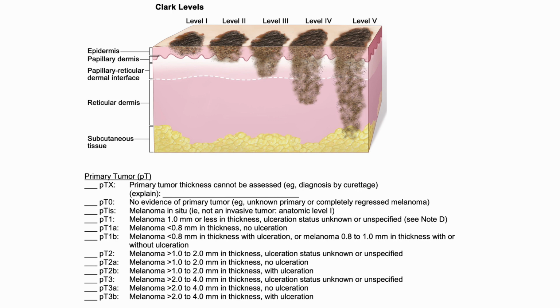So for the current AJCC TNM staging, the pT stage uses Breslow thickness, which is 1.0, 2.0, 4.0, and there are different modifiers including ulceration versus no ulceration. You should remember this better. And the Clark level, like we mentioned, is out of favor.